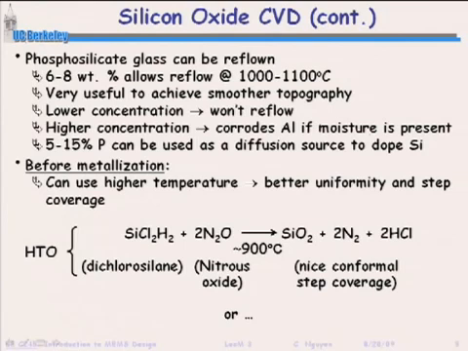Okay? I'll also say in MEMS, you can also use 5 to 15 weight percent phosphorus. You can go even higher because you might want to use it as a diffusion source to dope structures. And so one popular process in MEMS that I'll talk about later on is one where you actually have this kind of situation where you have a, well, I don't want to etch the device just yet.